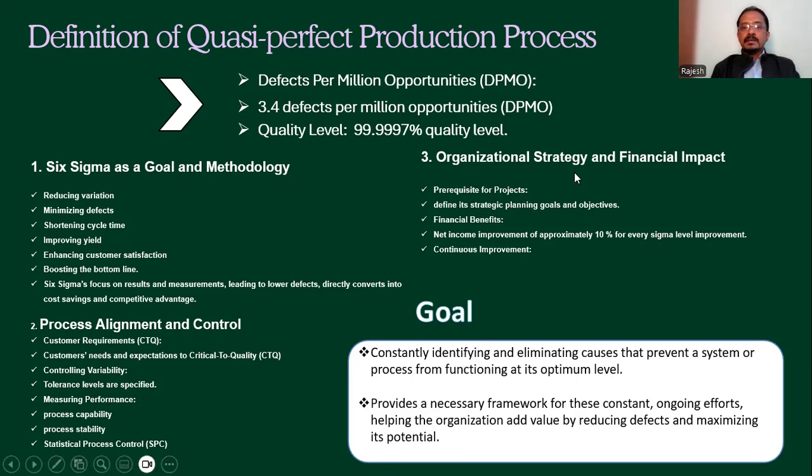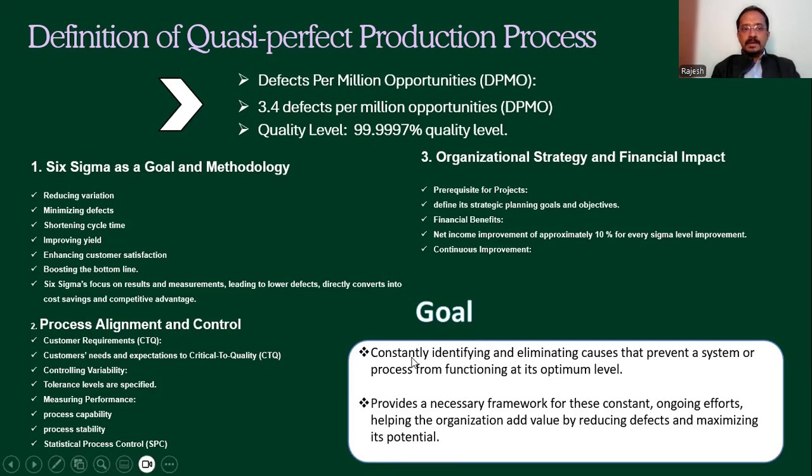And organizational strategy, what we are talking about is a prerequisite of the project, and define the strategic planning, goal, and financial benefits. And it's a net income improvement, right? That's what everyone is looking for, right? How am I going to improve my revenue, and continuous improvement, how can I avoid my problems, how can I avoid my errors, noises, and how am I going to improve my revenue.